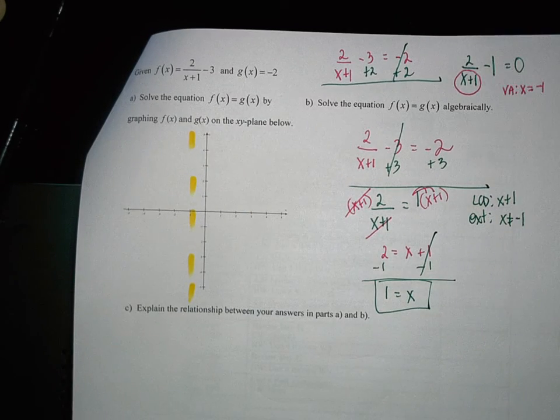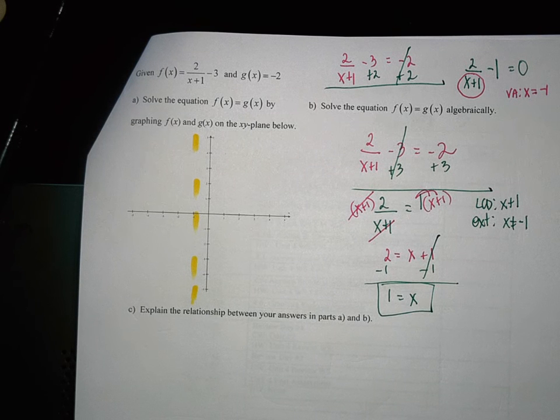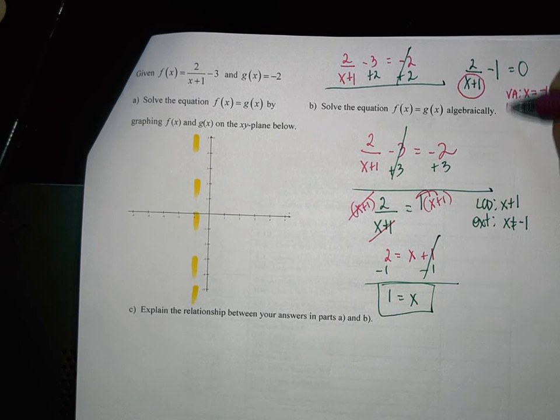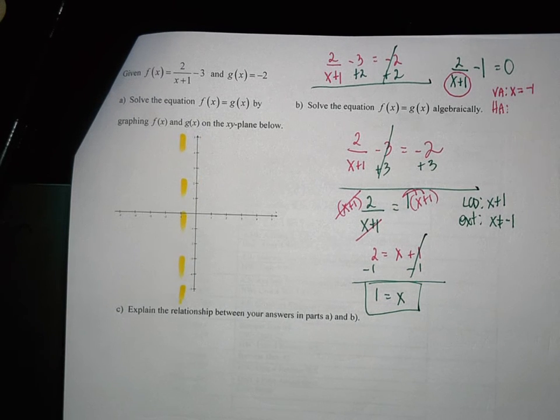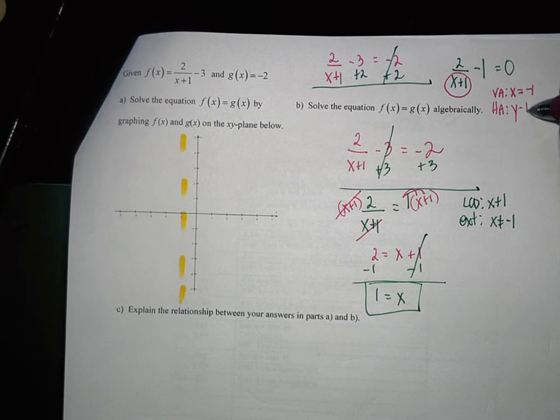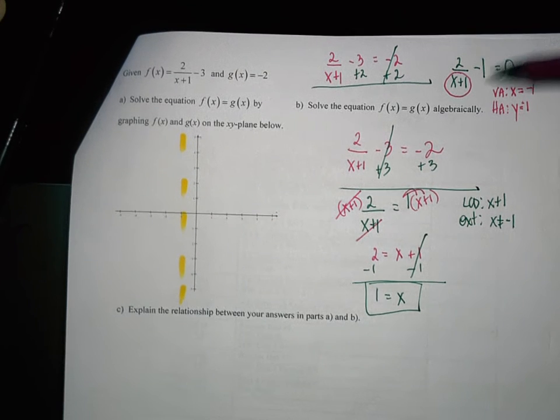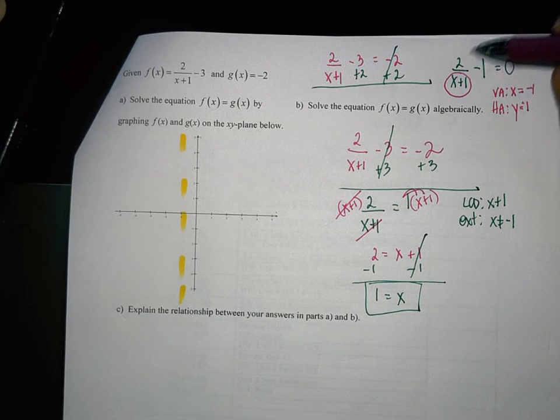Set the denominator equal to 0. We get x equals -1. What is my horizontal asymptote? Y equals -1. Where did that come from? The y equals -1 came from right here. Okay? So y equals -1, we go and we draw this.